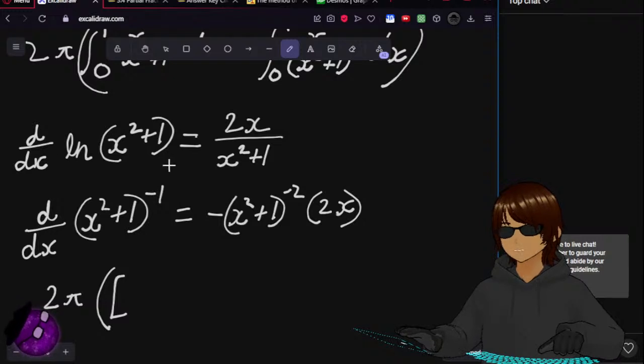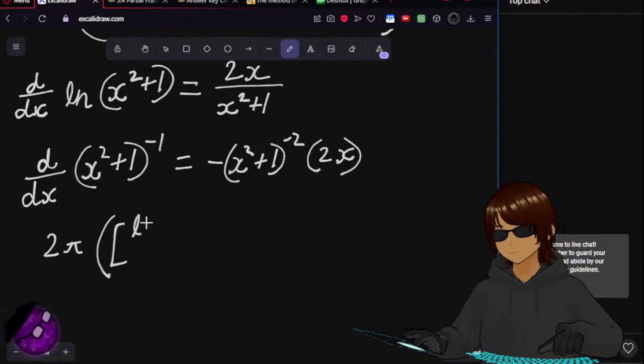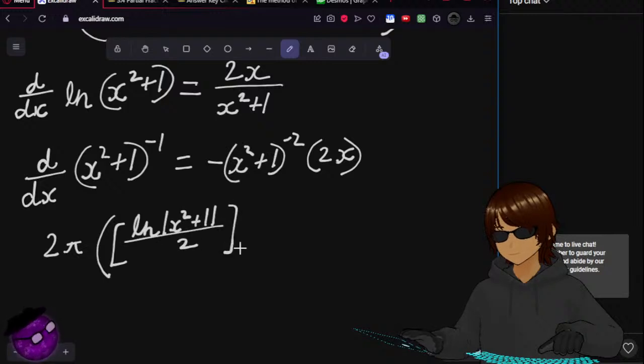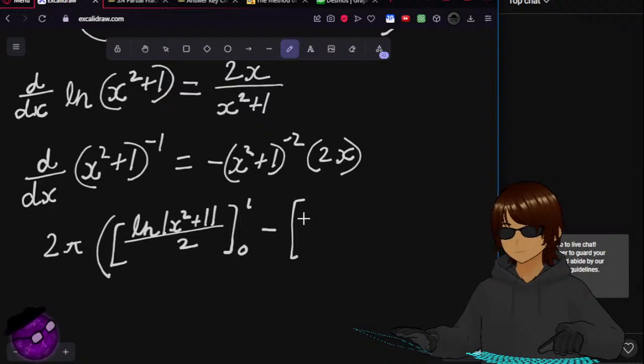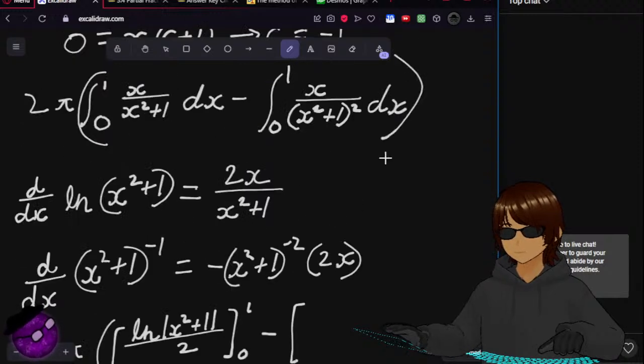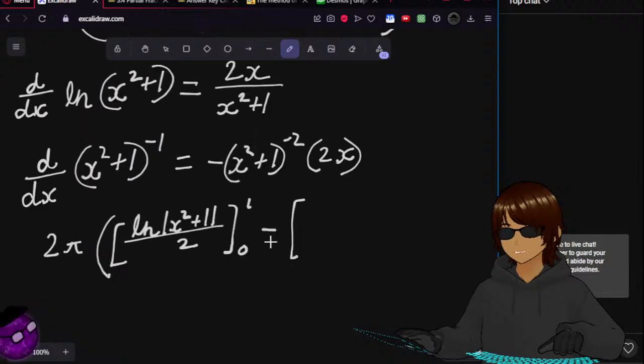Ln of x squared plus 1 over 2, subtracted with, if I bring minus 2 to the other side, x squared plus 1.